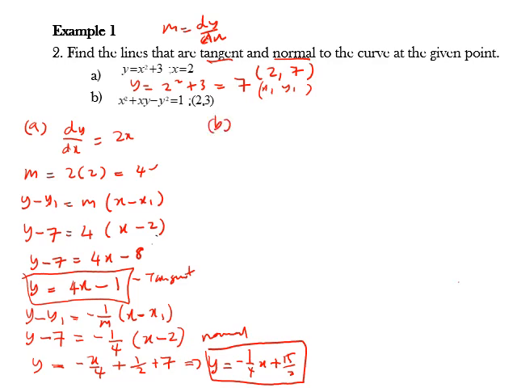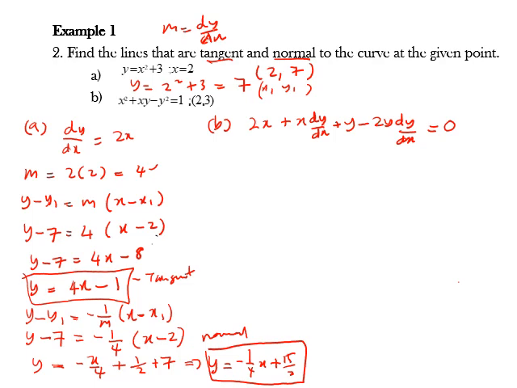For b it is implicit again, so we need to differentiate implicitly. So you get x dy dx plus y minus 2y dy dx equals 0.